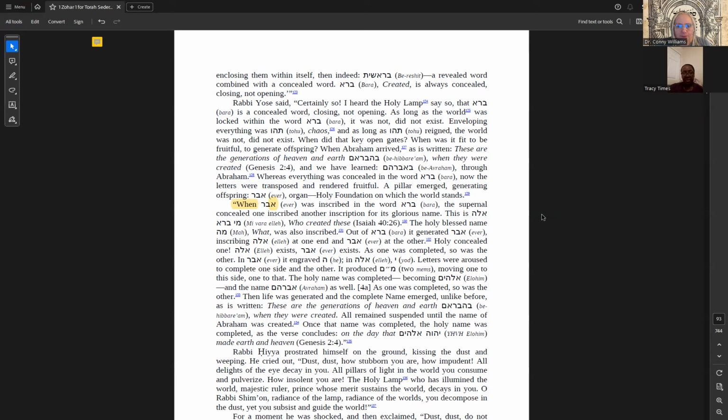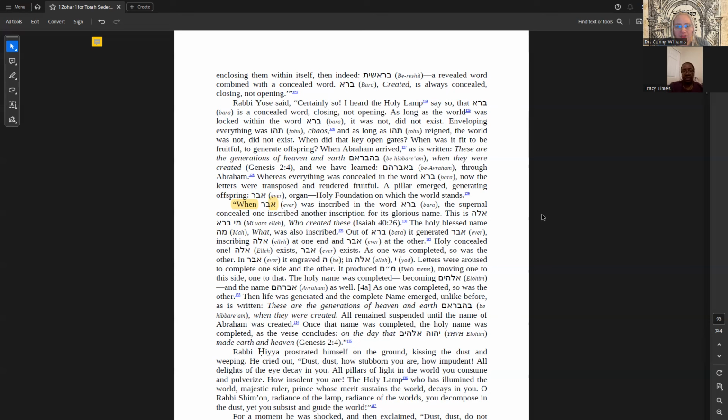And in the Hebrew language, basically, there are no vowels in the original. And there is a system in which you can exchange letters, so to speak. And that is what's happening here. If you look at the Hebrew word Ever and the Hebrew word bara, you see that we are using the very same letters.